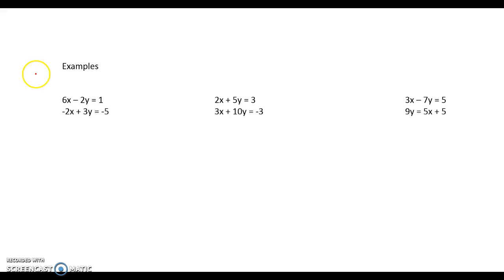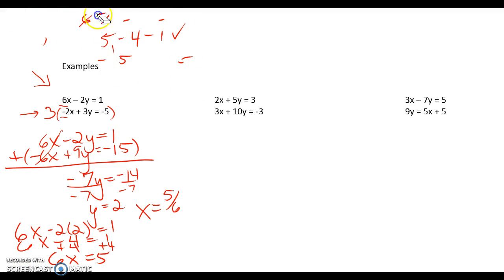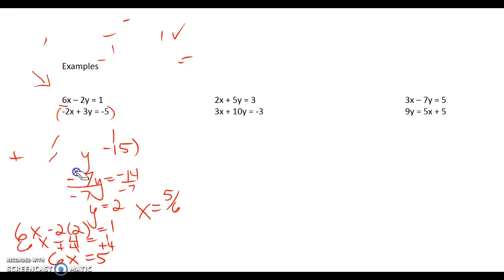All right, I'm looking at this, and I said, what can I multiply these by to get one of the variables to have the same number with a different sign? Well, notice I have a 6 here and a negative 2. You'll notice this slide kind of jumped in the middle of our video here.